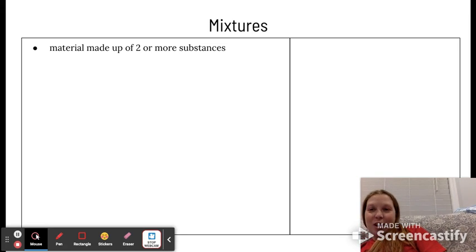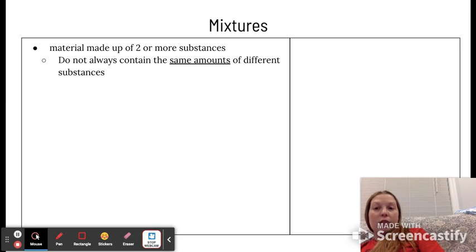So mixtures are materials made up of 2 or more substances that are mixed together but are not chemically bound together. These do not always have to contain the same amounts of different substances. It can be a majority of one substance over the other.